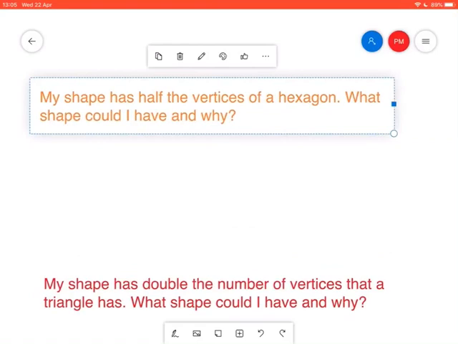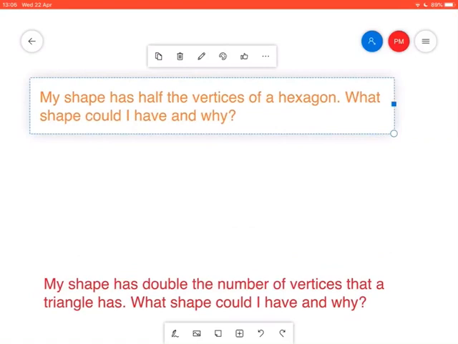What shape could I have and why? So make sure that you are explaining why you have got your answer. So thinking of how many different vertices you have in each of the shapes. Show it in the working out. So if you pause the video now and have a quick go at doing those questions, and then I will do the answers now.